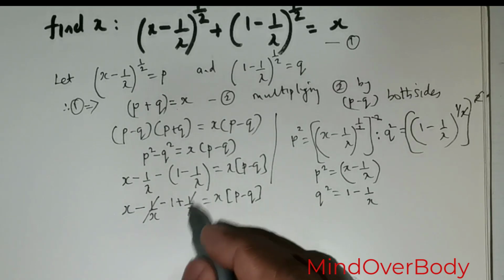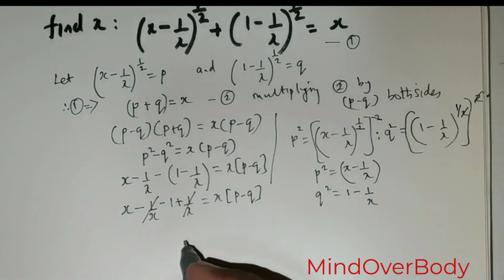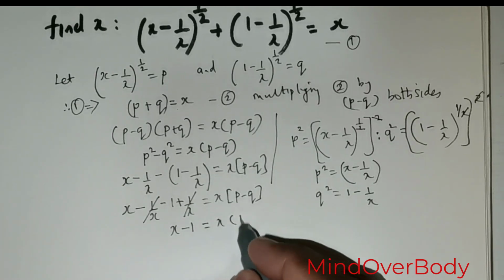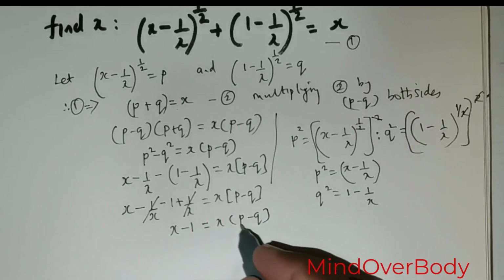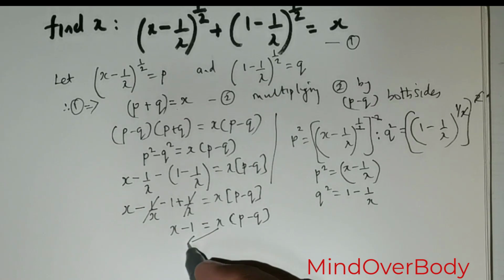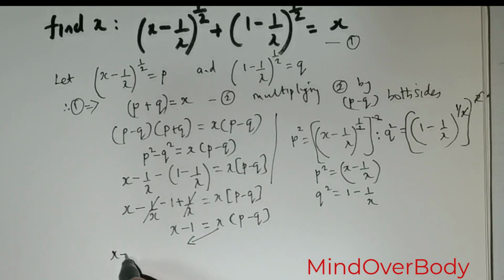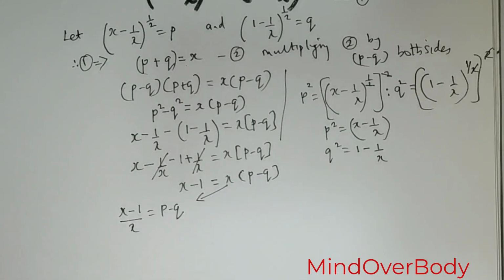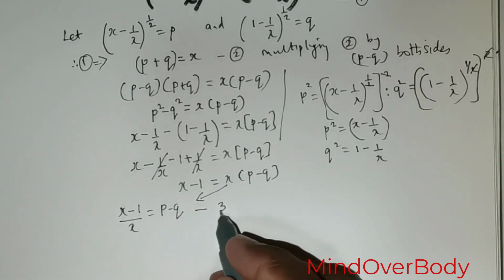Negative 1/x and positive 1/x would be cancelled, giving me x − 1 = x(p − q). I can push the x down. That would mean I will now have (x − 1)/x = p − q. I can take this as 3.